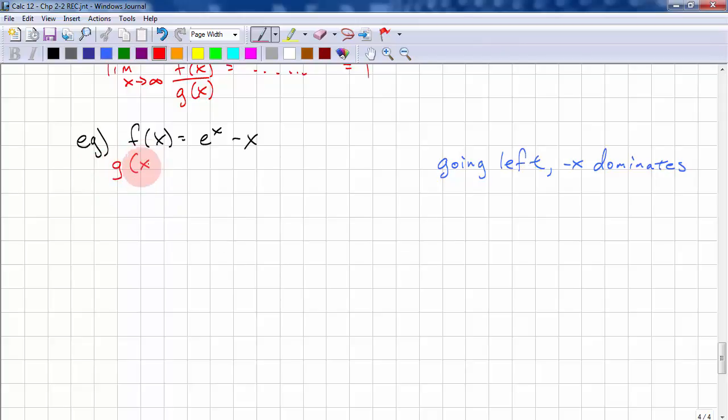So g of x equals negative x. So now we take the limit as x approaches negative infinity of f of x over g of x. And we substitute.